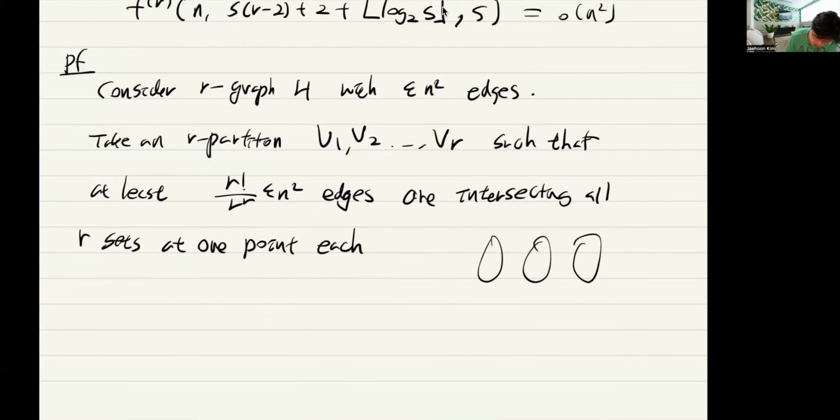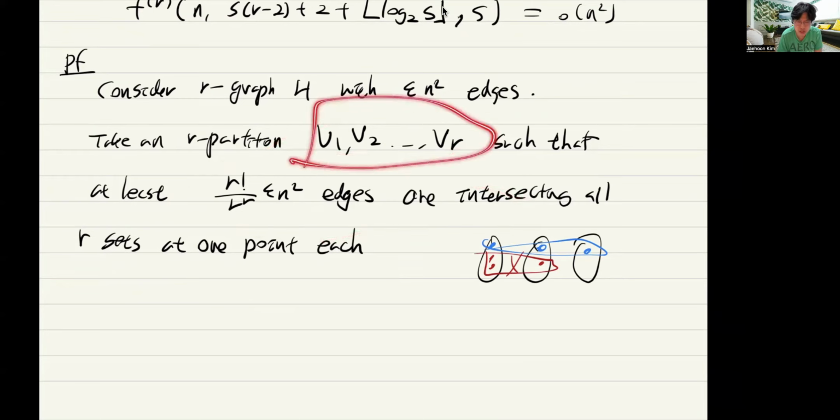So we partition it. If you have an edge which uses 2 vertices from here, 1 vertex from here, then we delete it. We only keep the edges which use 1 from each. Then such a partition exists. Why?